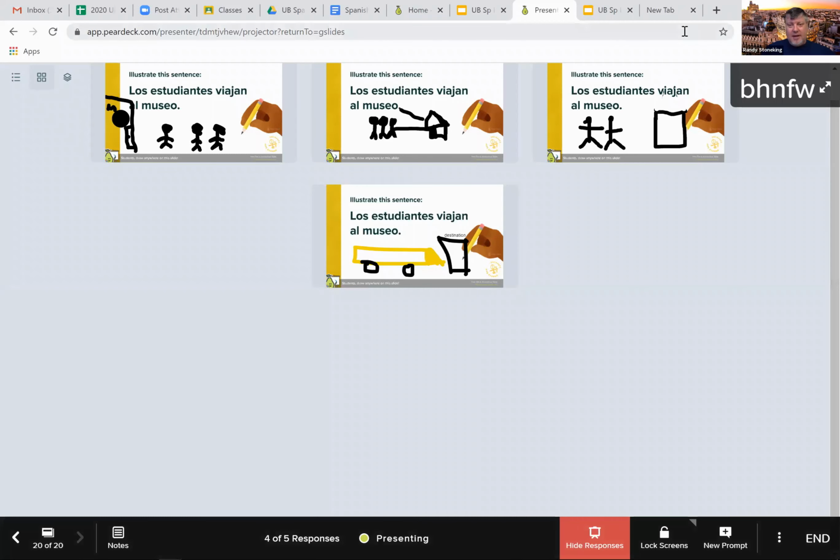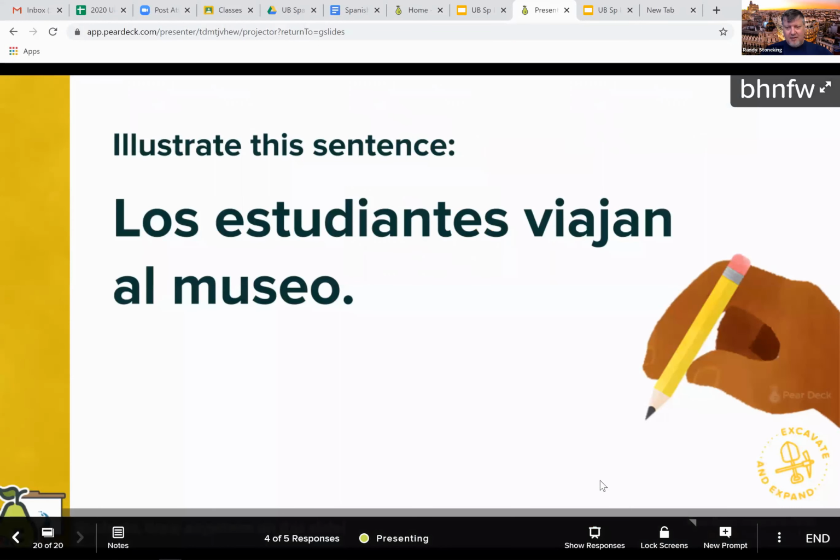So, los estudiantes viajan al museo. We know that they're traveling, so we have to show that. That's viajar. So they're walking in some way, or using the yellow to make it a school bus, and then giving some indication of el museo, that's museum, to indicate where they're going. Very good. Okay, so let's finish that off.